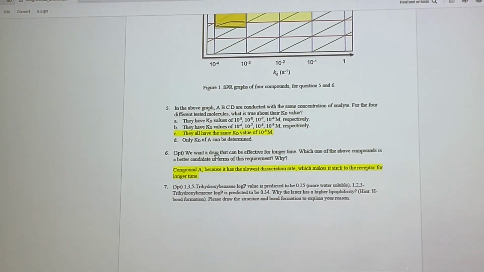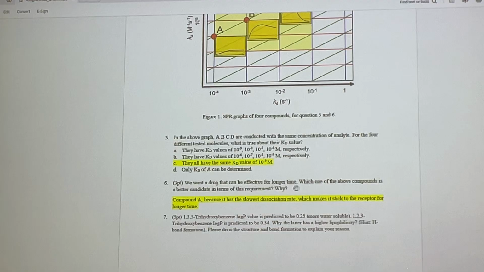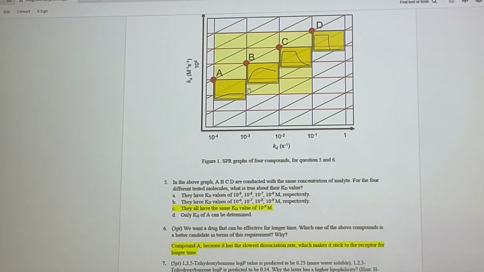Next one, okay, we want a drug that can be effective for a longer time. Which one of the above? So it's asking, choosing between these four, which is a better candidate in terms of this requirement. So basically, we want a drug that can last longer.